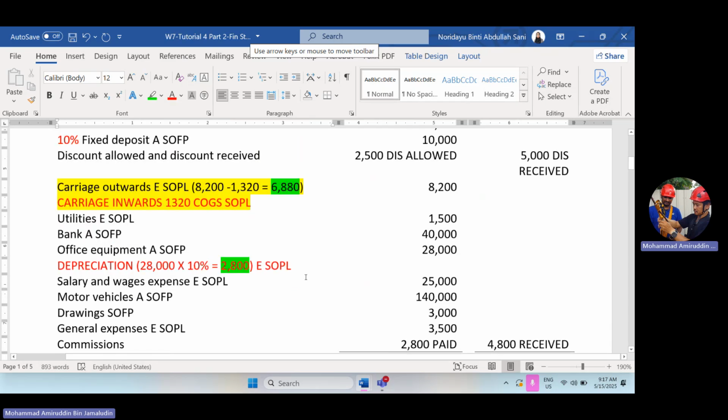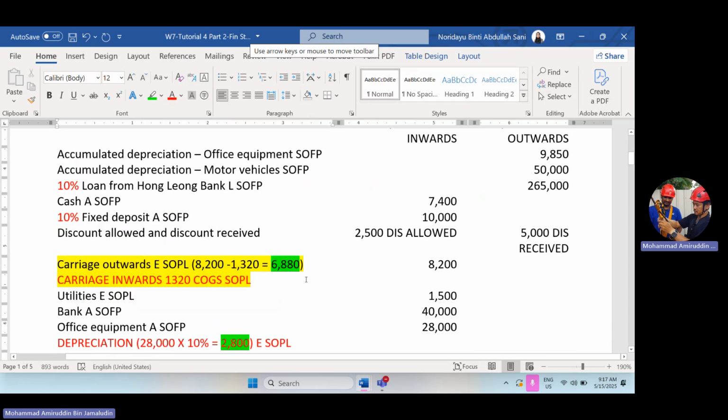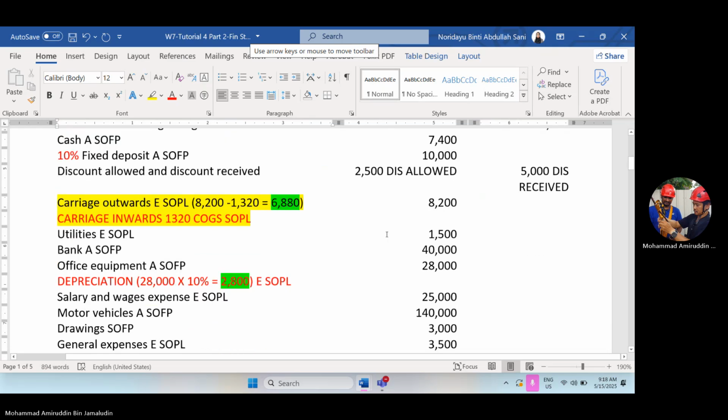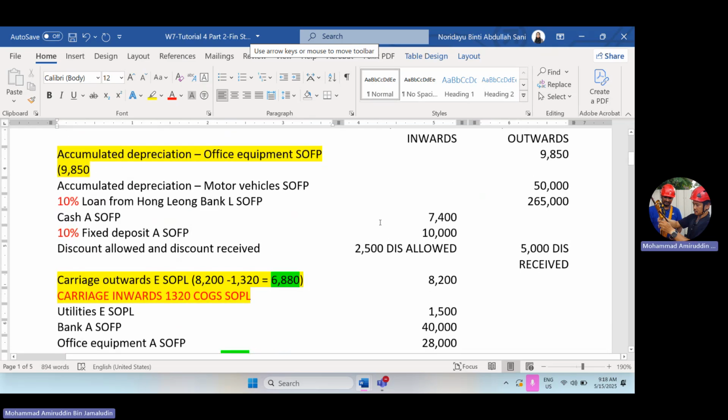Okay, do we have accumulated depreciation? Yes, here, right? Accumulated depreciation for equipment. So when you have this amount, 9850, this is for last year. So this year, we already add another 2,800.